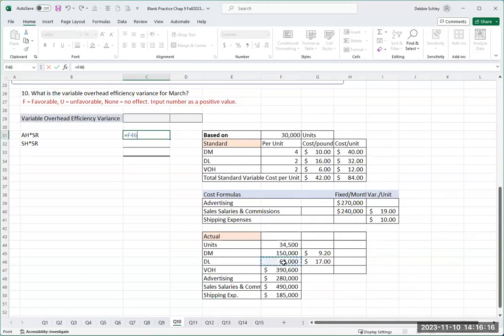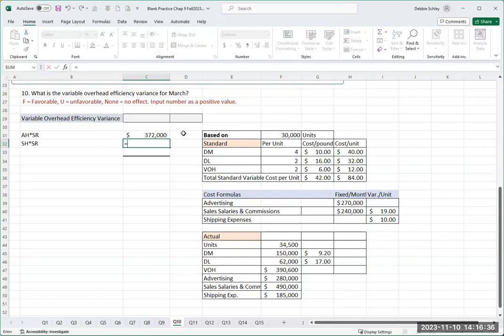So based on actual direct hours times the standard per hour variable overhead rate. And then the standard hours, right?